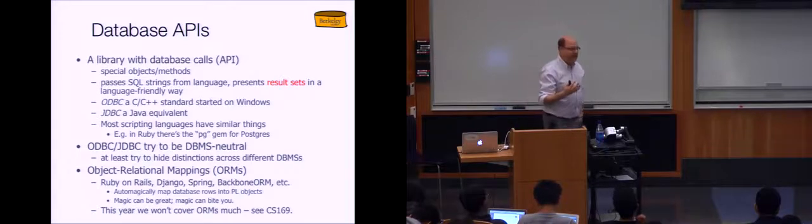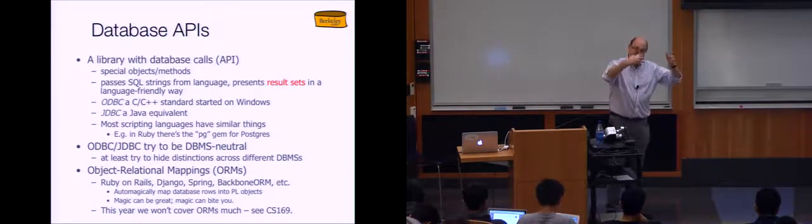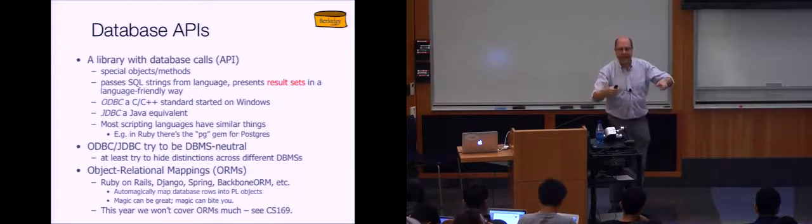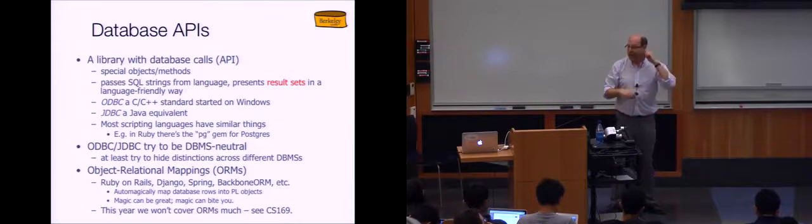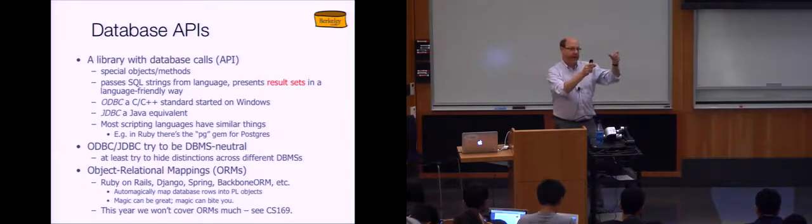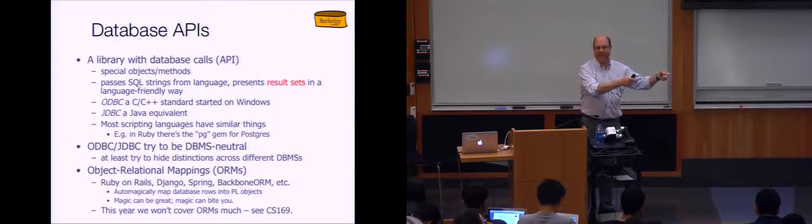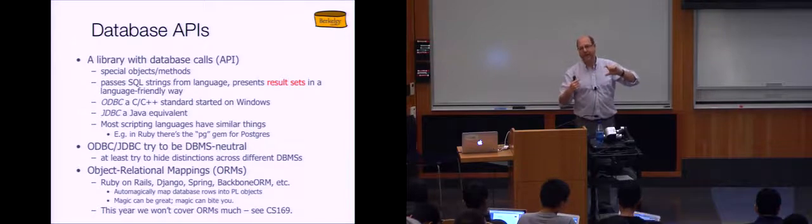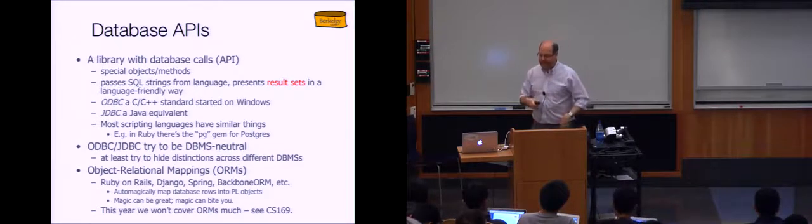The other thing you need to be able to do is translate from the attributes or fields in the database into variables in the host language. So if I'm pulling student tuples out of my student database, I want to read those into a structure, a student record or student object in my Java program. And there are ways to do that.